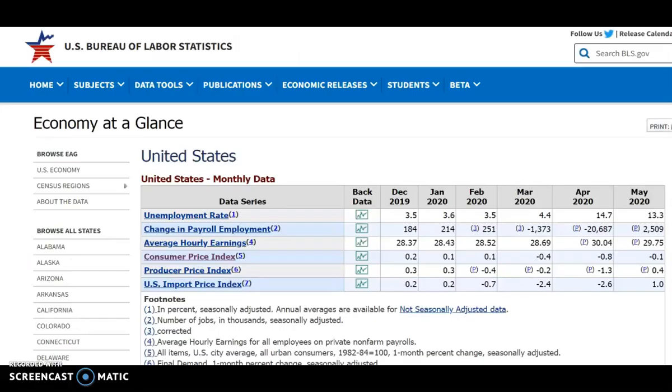Ta-da! Deja vu. We come back to the economy at a glance table. Here, average hourly earnings. What is it? Oh my goodness. $29.75. That is today's average per hour pay. Do you believe this? I don't believe this.